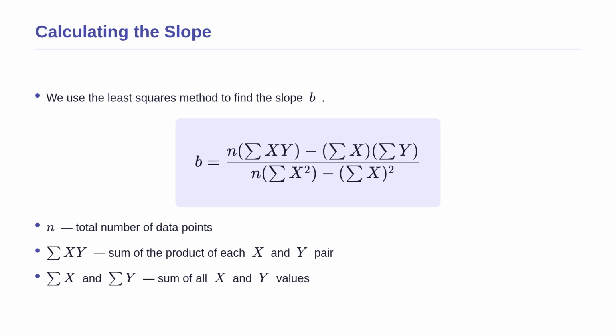The sum of xy means we multiply each x value by its corresponding y value and then add all those products together. The sum of x and the sum of y are just the totals of our individual variables. The denominator measures the spread of the x values. When the top part of this fraction increases, meaning the variables move together strongly, our slope becomes steeper.